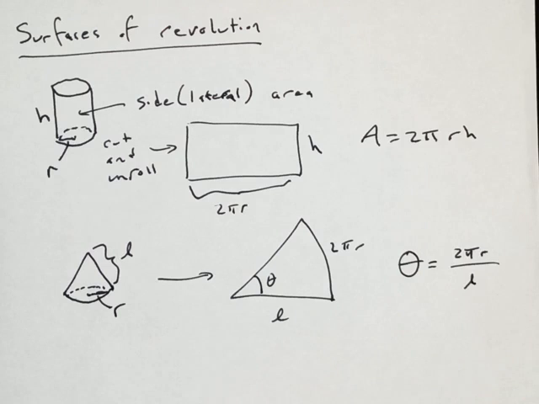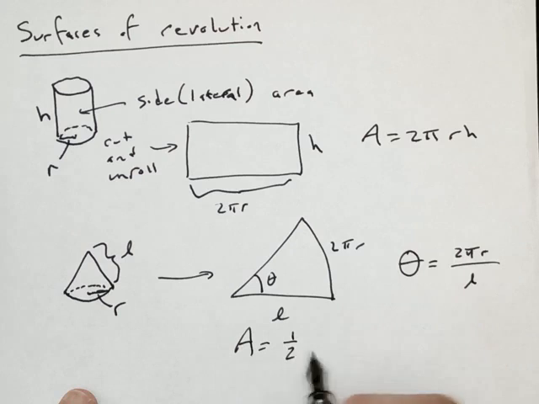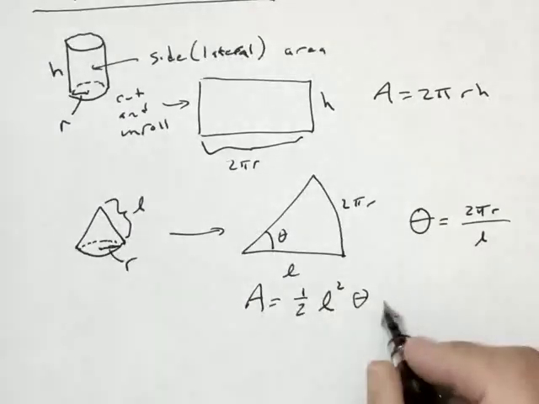And again, stealing from my trig class, the area of a part of a circle is 1/2 the radius squared times the angle. Well, wait a minute, I know theta.